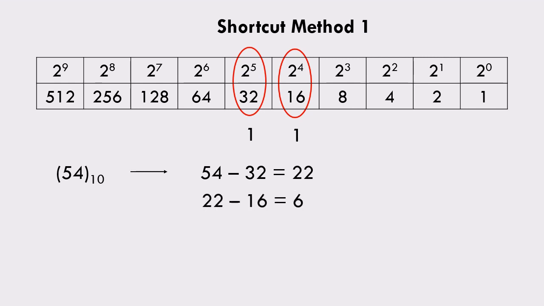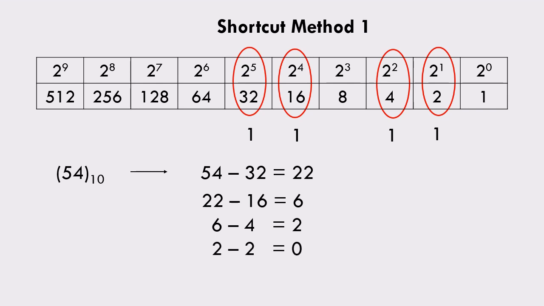So out of 4, 2 and 1, the maximum fit for 6 is 4. So we select 2 raised to 2, which is equal to 4, and write down a 1 below it. Next step will be to subtract 4 from 6. Get the answer as 2. The maximum fit for 2 is again 2. So we select 2 raised to 1 and write down 1 below it and subtract 2 minus 2, which is equal to 0.